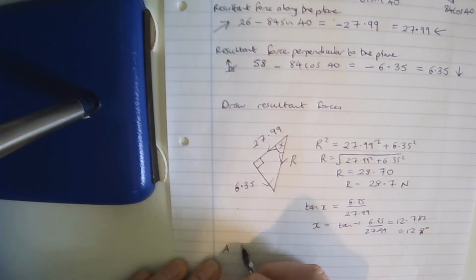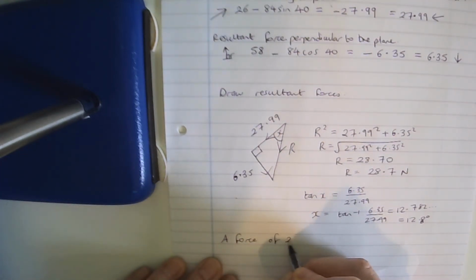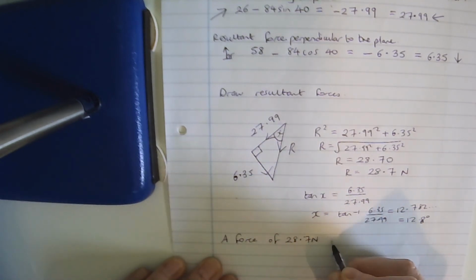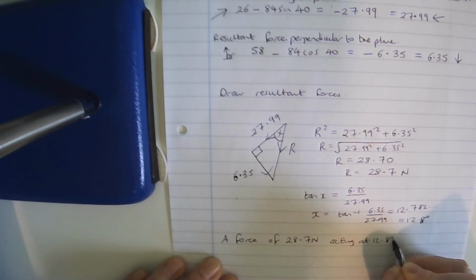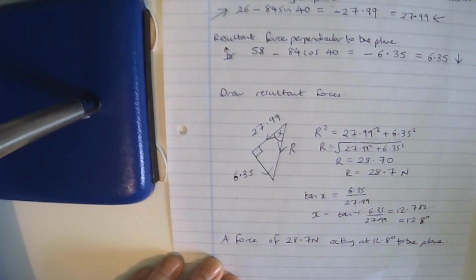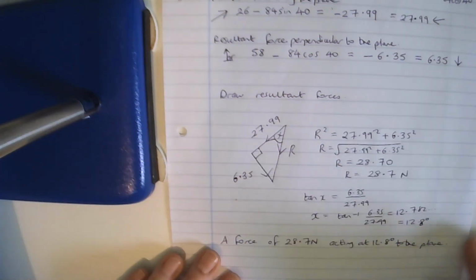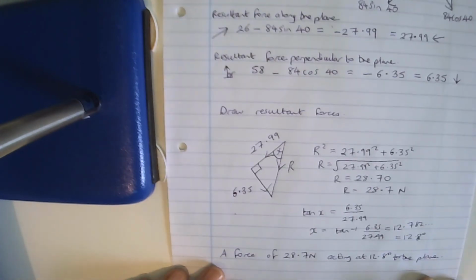So we can say a force of 28.7 newtons acting at 12.8 degrees to the plane. Okay, so that is the first example. Now that is the same example that's in the textbook, but I have just worked it through for you there. So you can pause that and record it down, and you can refer to the textbook as well.